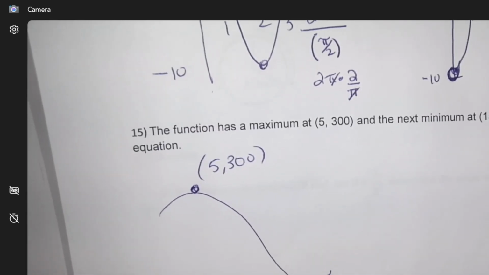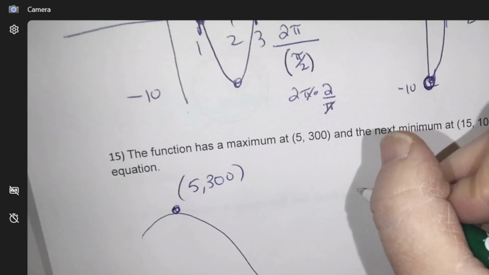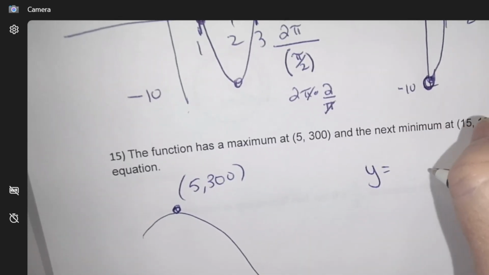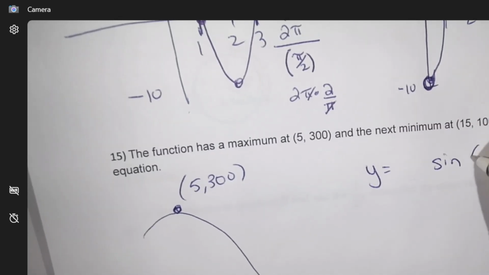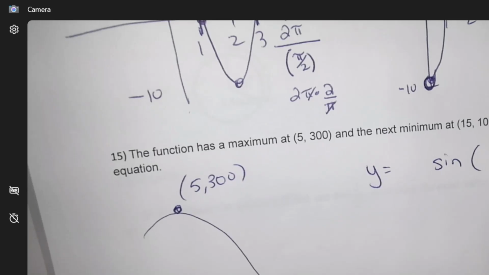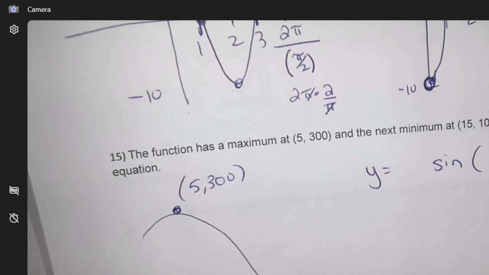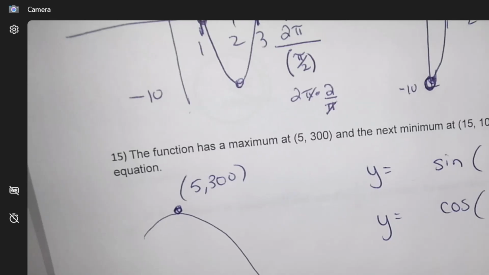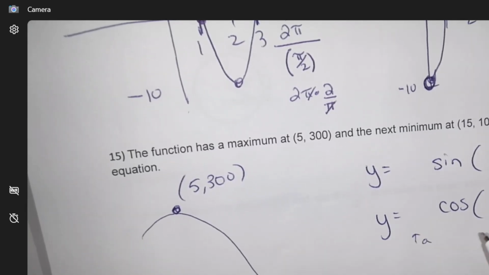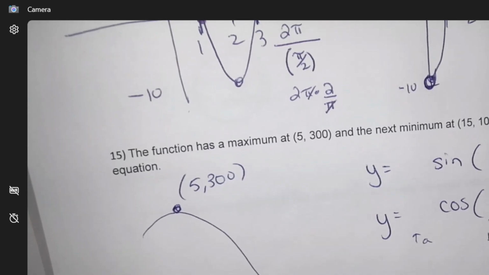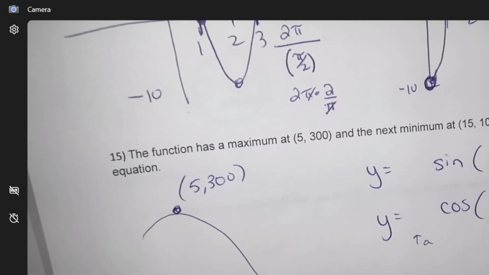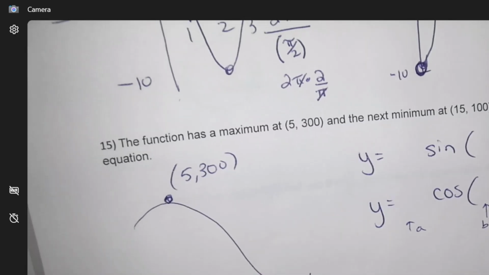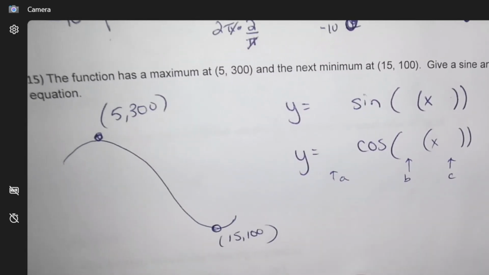And we're going to make an equation that has sine in it and cos in it. Okay, so there's kind of my format.